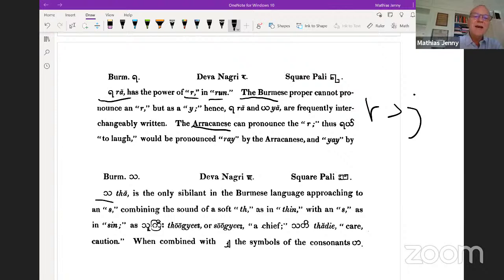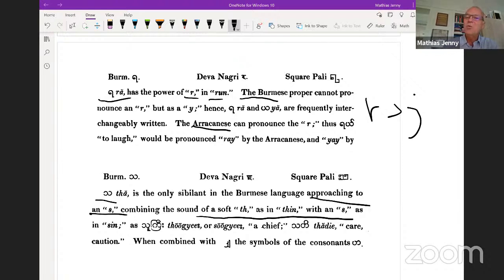And also da. Da is approaching an S, combining the sound of th with s. That means the th had not really changed from sa completely yet by the time this grammar was written.